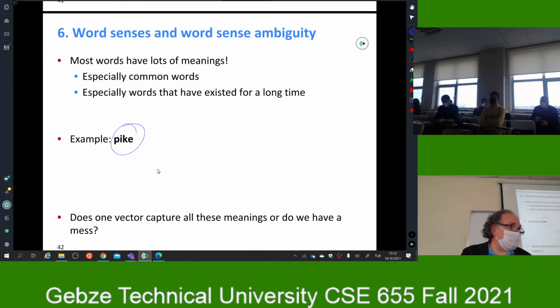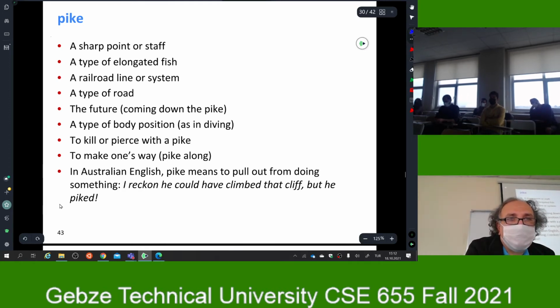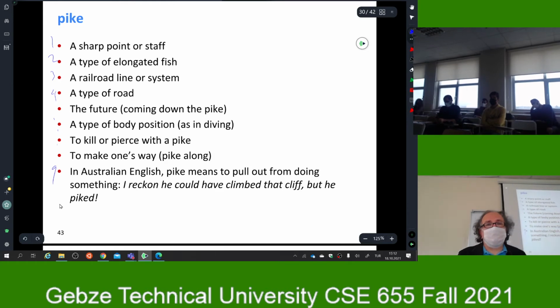That's not a good thing, because each meaning should have a different vector. So the word sense disambiguation problem is assigning one of these numbers, from 1, 2, 3, 4, up to 9.